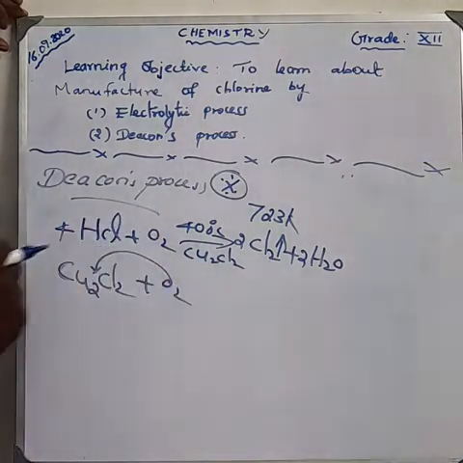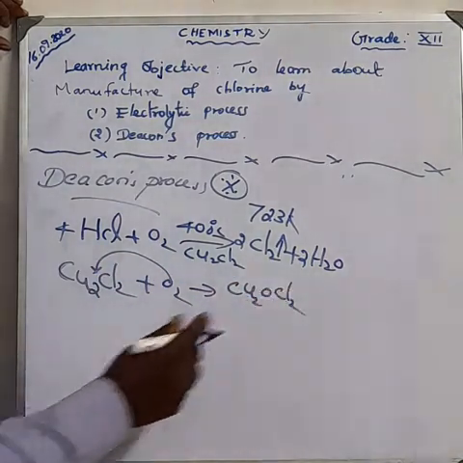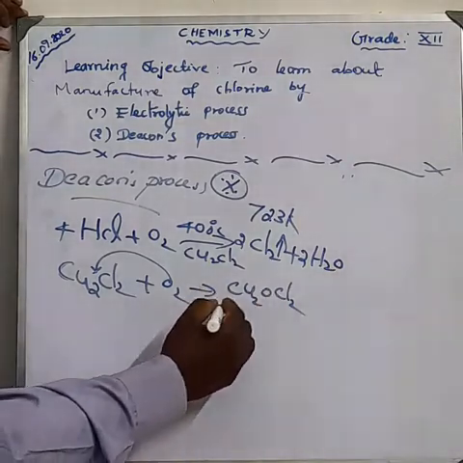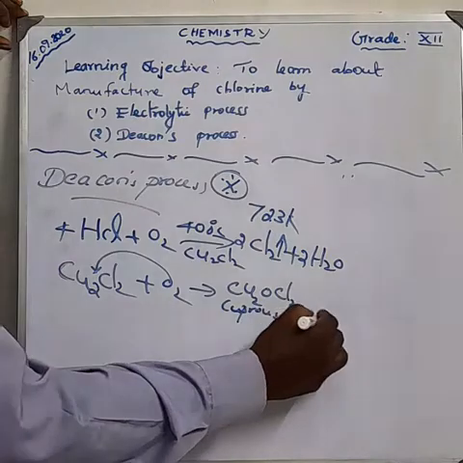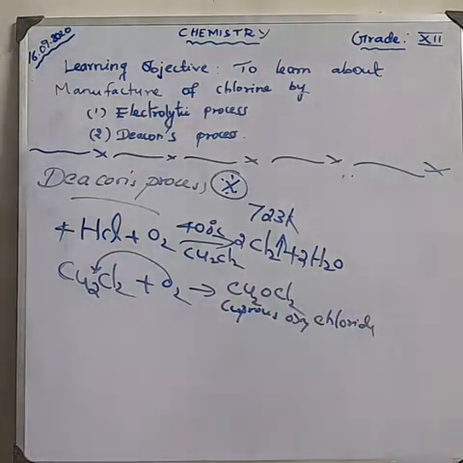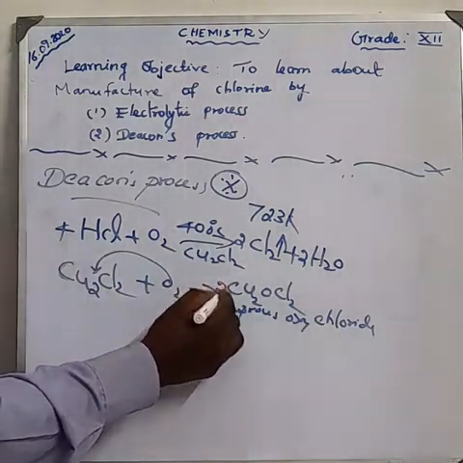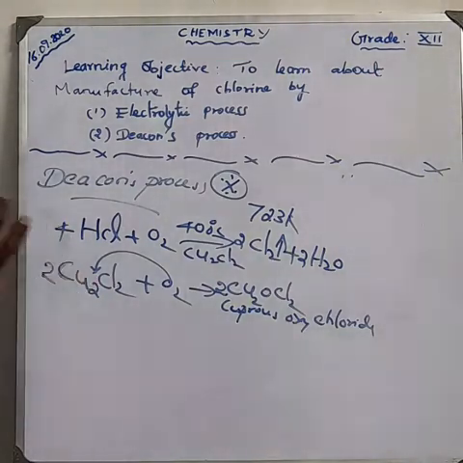Cu2OCl2, cuprous oxychloride. How can you balance the equation? Here having 2 oxygen, here having only 1 oxygen, so make it 2 here. Here also make it 2. Now the equation is balanced.